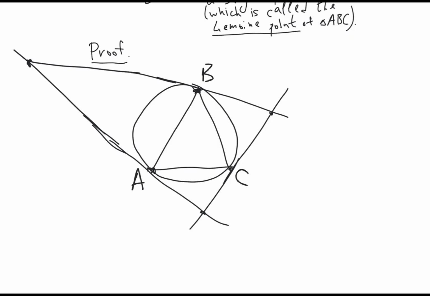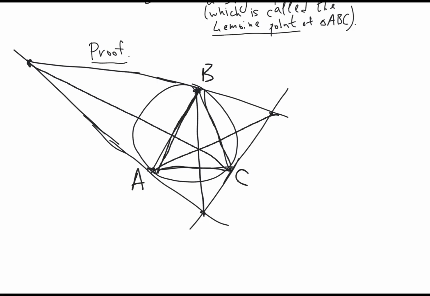And it turns out that these lines connecting the vertices of the original triangle and this tangential triangle coincide with the symmedians.